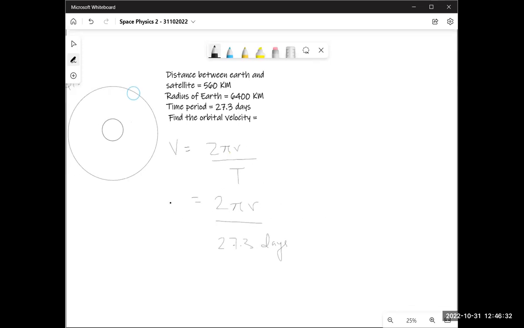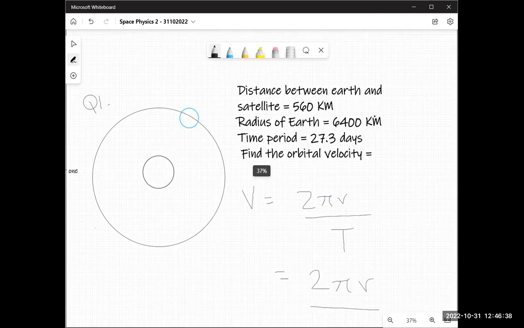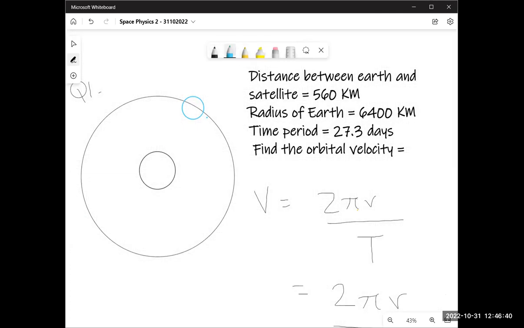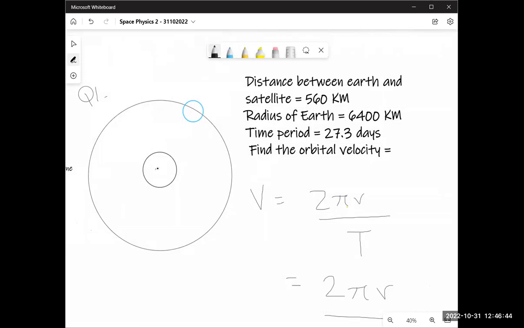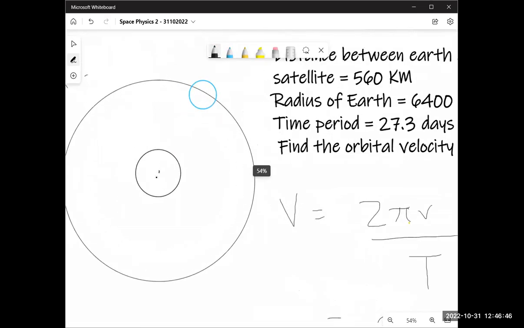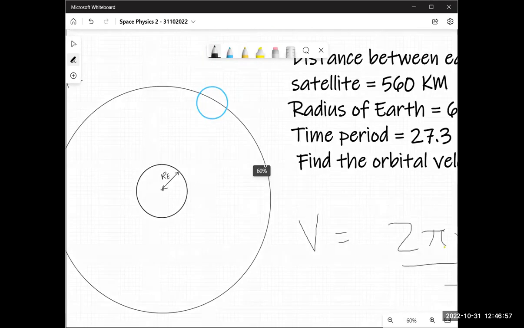Now, firstly, you're trying to find the velocity v. Now, let's see what is given in the question. They're giving us the radius of Earth. Let's say the radius of Earth is from the center till over here. This much is the radius, right? Of Earth. Let's say that's R E. Now they've given us one more thing.